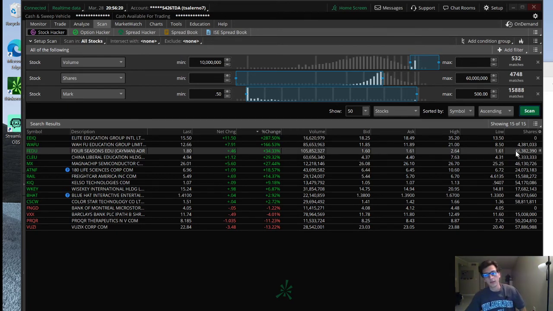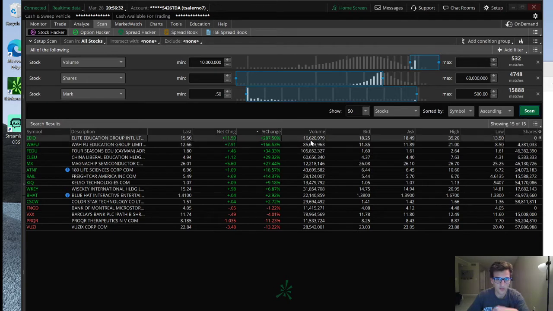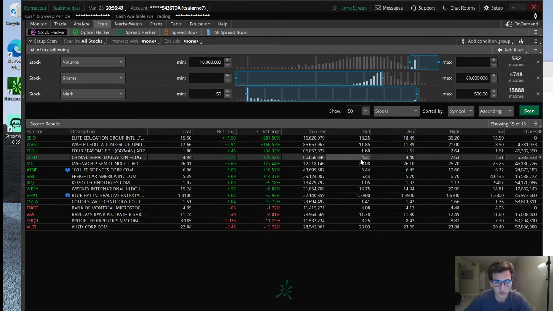Even though it has a high float, the high volume offsets the higher float because the demand is more than a stock that was, let's say, 60 million in volume, but the reason it moved so much is because the shares available might have only been 2 million. So the higher the shares available, you're going to need more volume to offset that greater supply to have a bigger move in the stock.